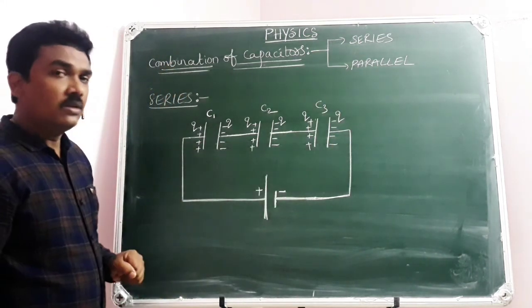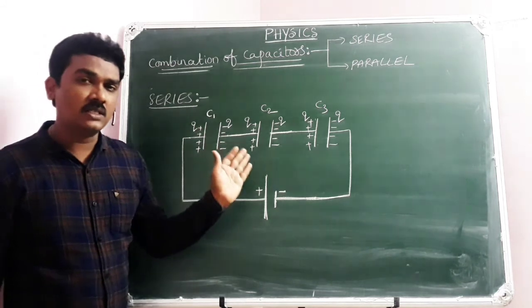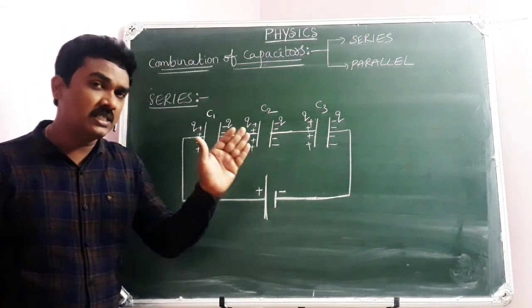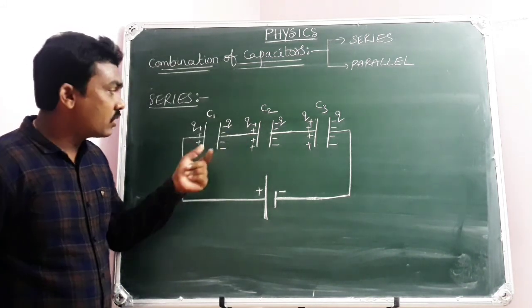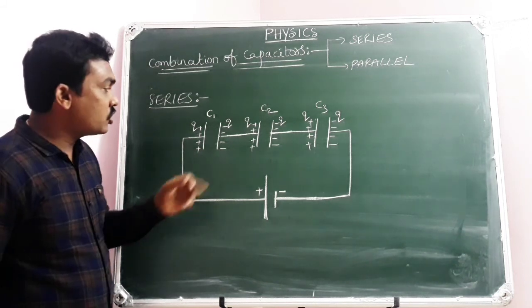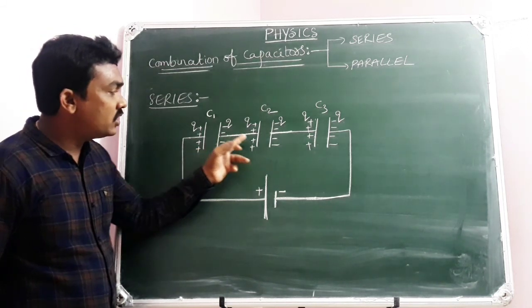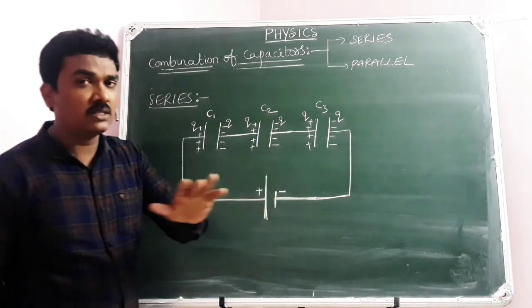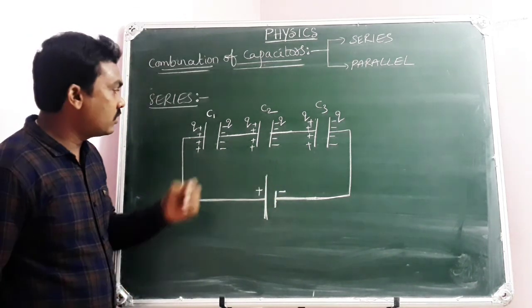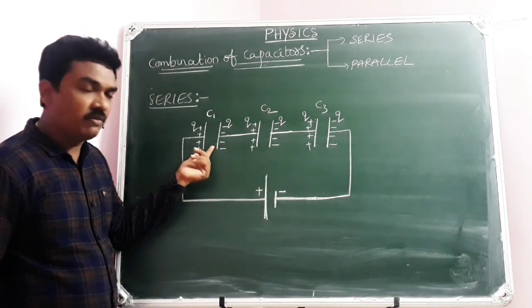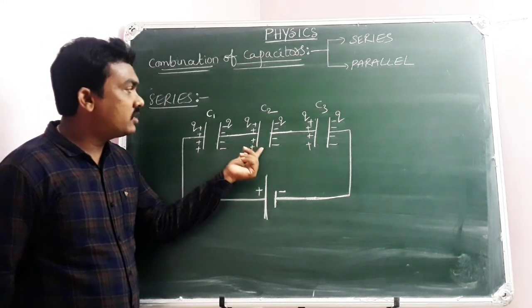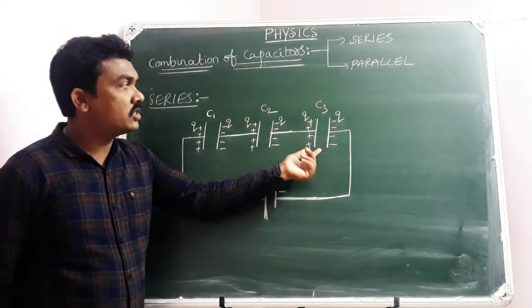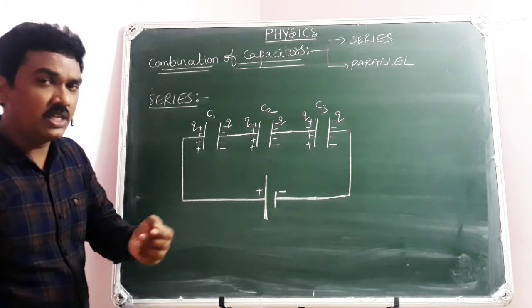Have you seen? If two or more capacitors are connected end to end in such a way, you can observe that the charge on each and every capacitor remains the same. The charge on each plate of C1 is Q. The charge on each plate of C2 is Q. The charge on each plate of C3 is Q.